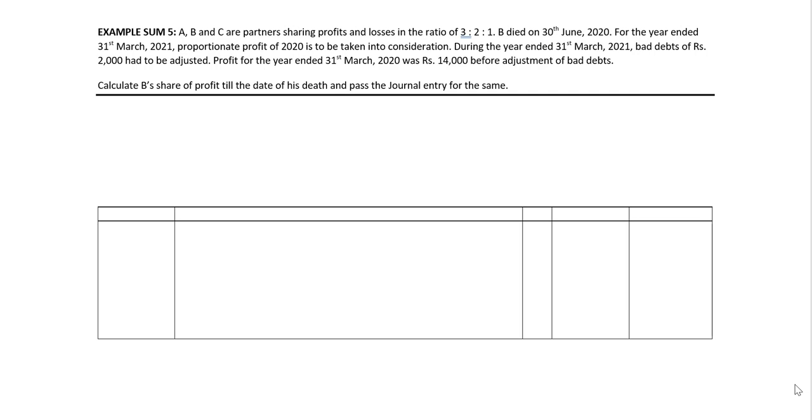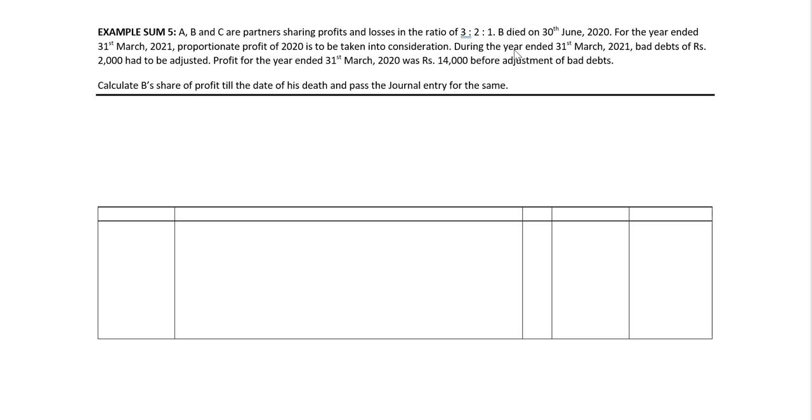Example sum 5. A, B and C are partners sharing profits and losses in the ratio of 3:2:1. B died on 30th June 2020. For the year ended 31st March 2021, proportionate profit of 2020 is to be taken into consideration.